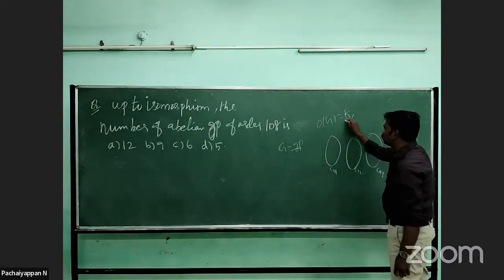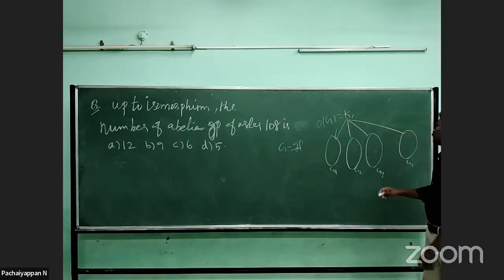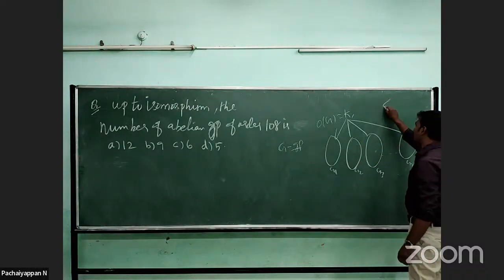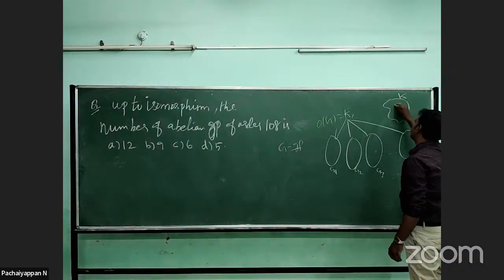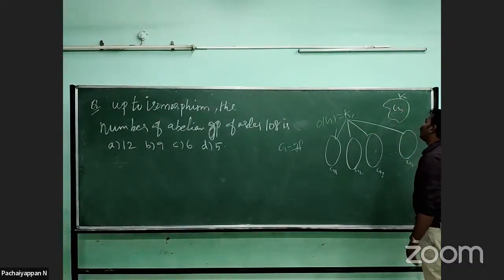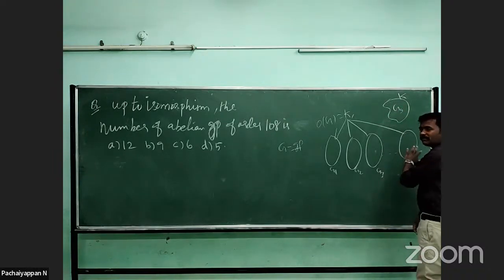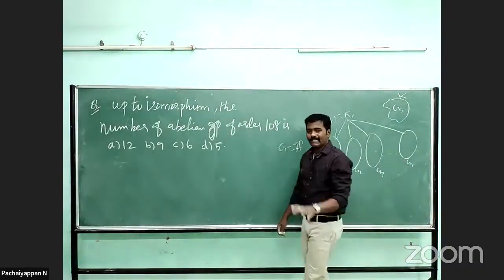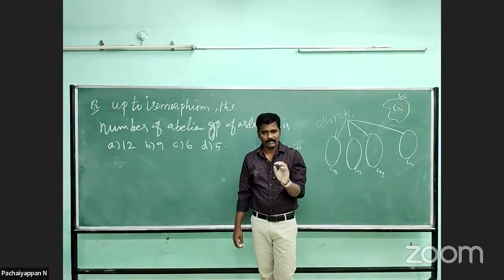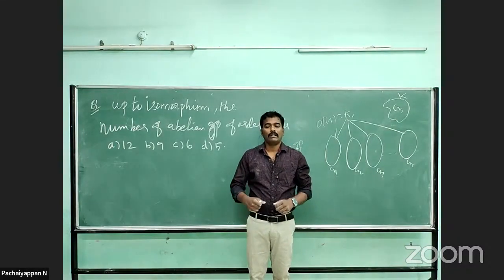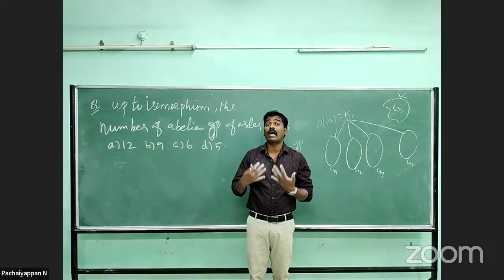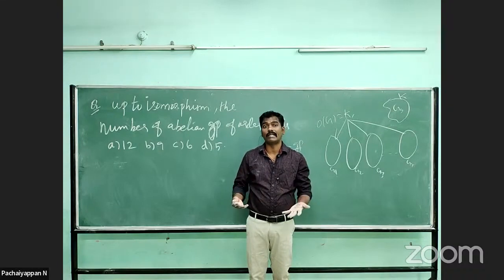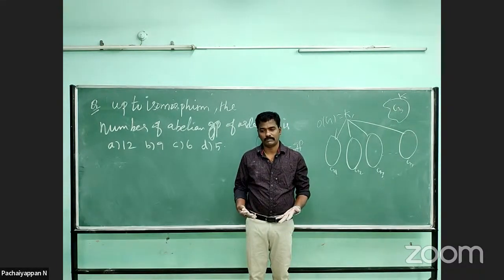Each group has cardinality K. Now, up to isomorphism means, if you take any group of order K, some Gs, it is isomorphic to one of these groups of order K. Put very simply, the number of non-isomorphic groups of order K is called up to isomorphism.